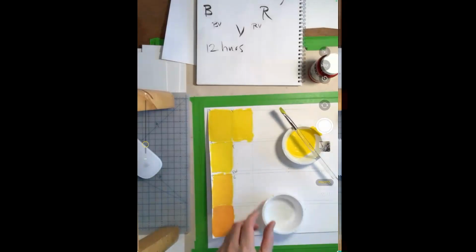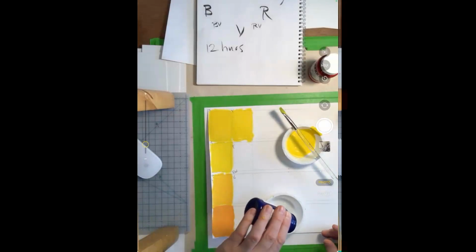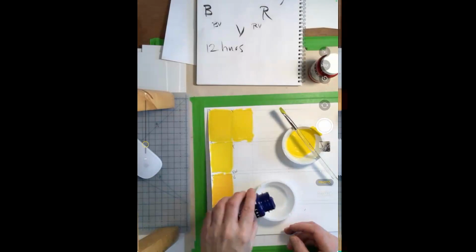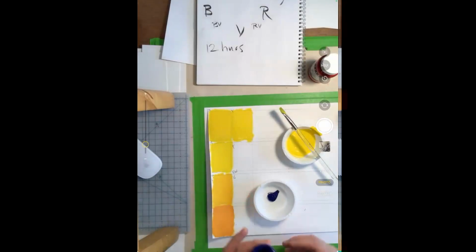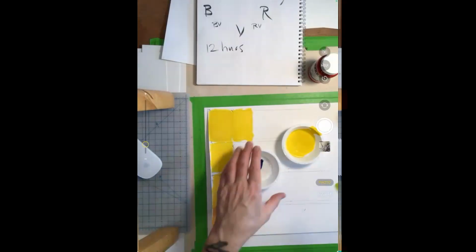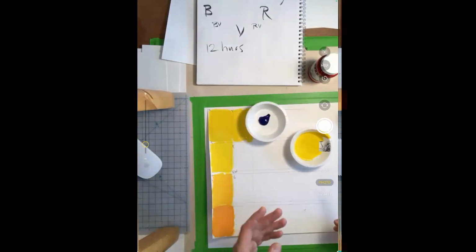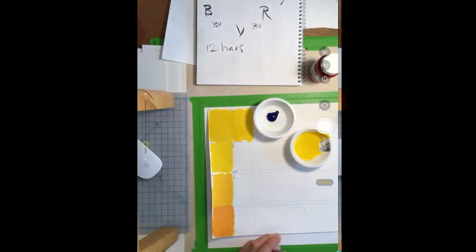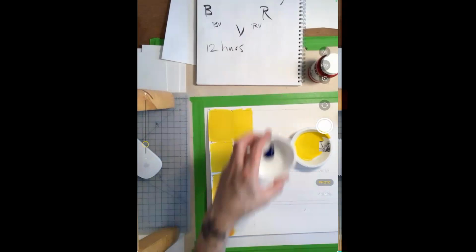All right, so the blue. To paint green, I don't need much blue. That might be more than I need. All right. So here we go.